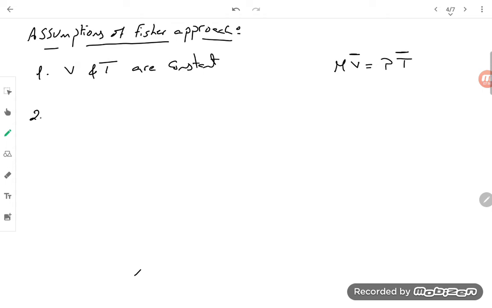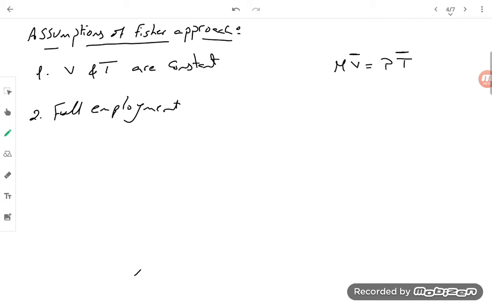Number two, there is full employment in the economy, which means that the economy reaches the maximum possible level of production.